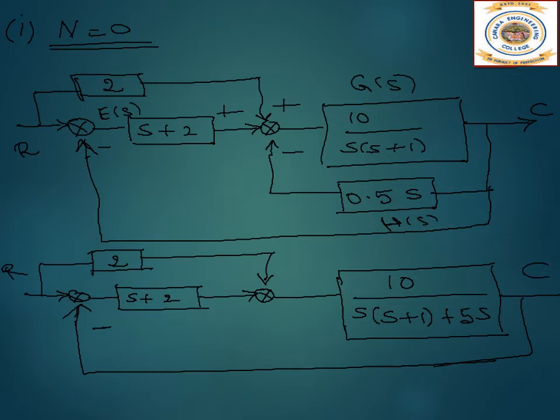Next, what we will do is let us move this summation point. We move this summation point over here, so that as a feedback loop we can get here. So this summation point, I'll move it over here in the beginning. That is the next step. So let us move that.